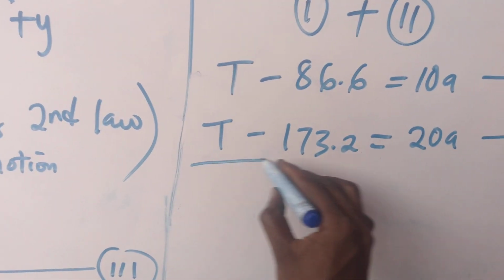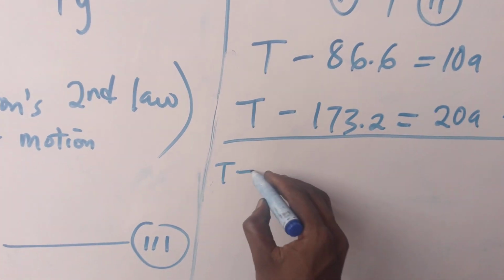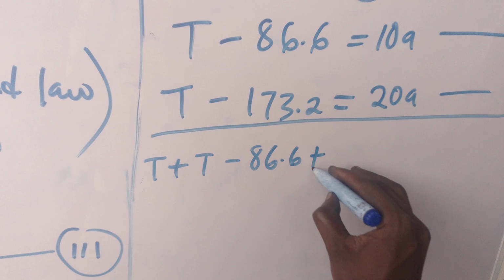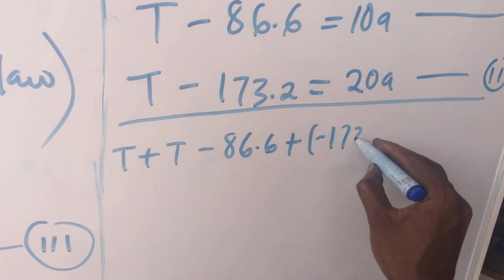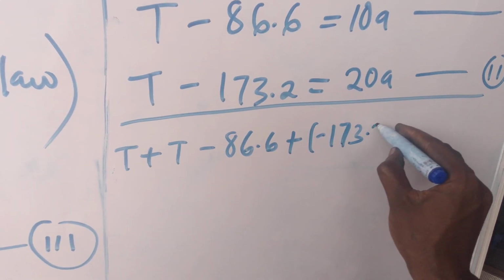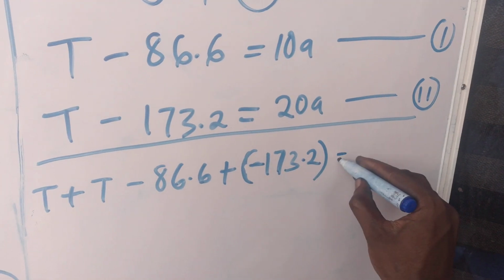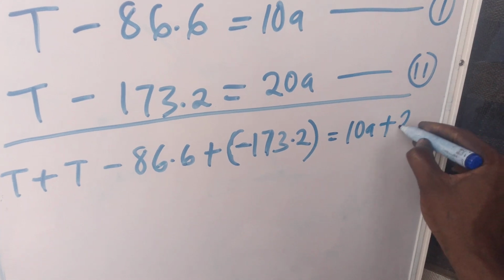If I add them, I'll have T plus T, minus 86.6 plus minus 173.2, equals 10a plus 20a.